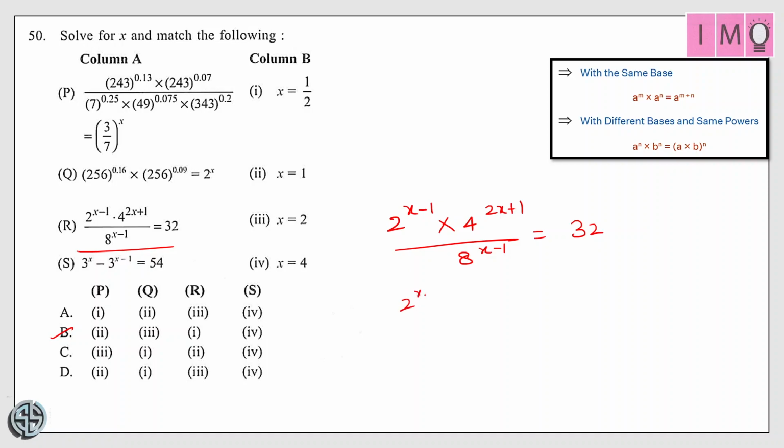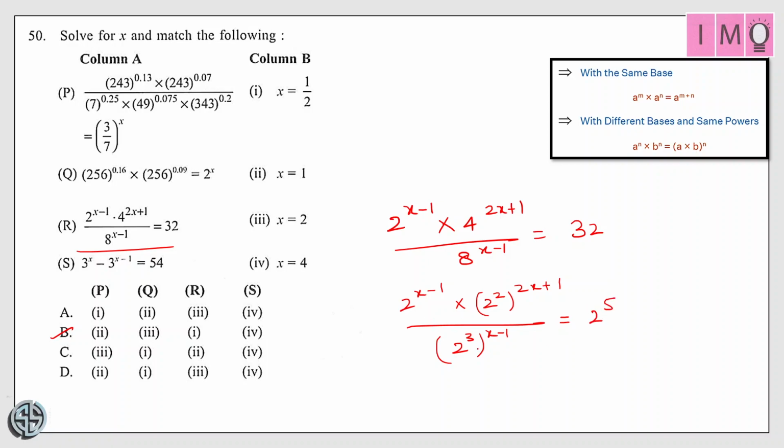So you can say 2 to the power x minus 1, we will write it like that. 4 just change into the base of 2, so you can write 2 square to the power 2x plus 1. And similarly in the denominator you can write for 8, 2 to the power 3, to the power x minus 1. For 8 I have written 2 to the power 3, and for 32 you can write 2 to the power 5.